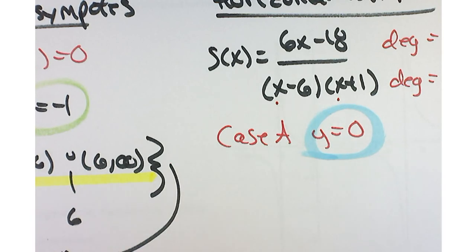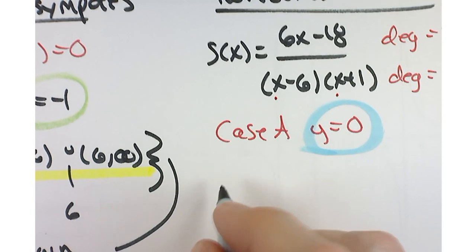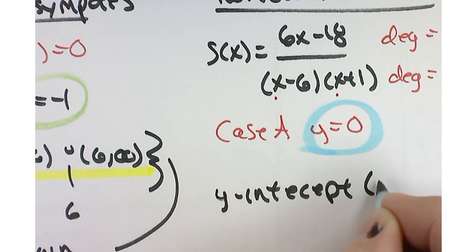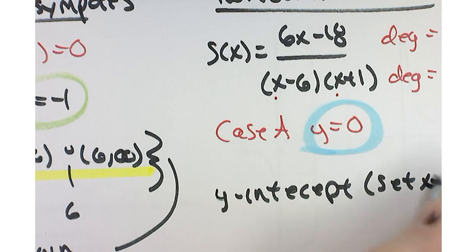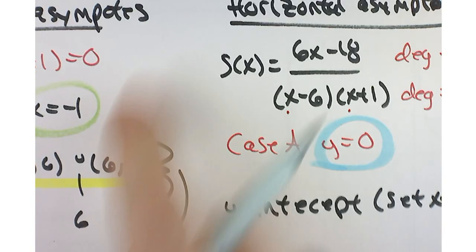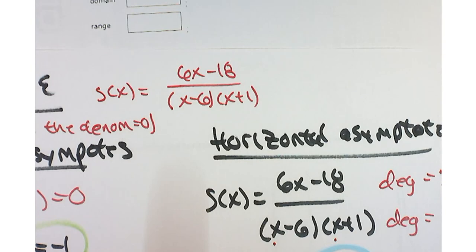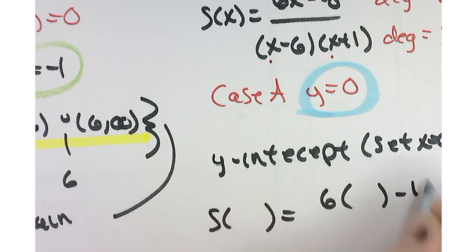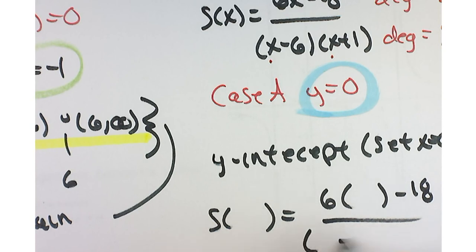We can also find where the graph crosses the y-axis and the x-axis. For our y-intercept, we're just going to set x equal to 0. And I don't think we're going to get exactly 0 when we do that. You're going to get s of 0 equals 6 times 0 minus 18 over minus 6 and plus 1.